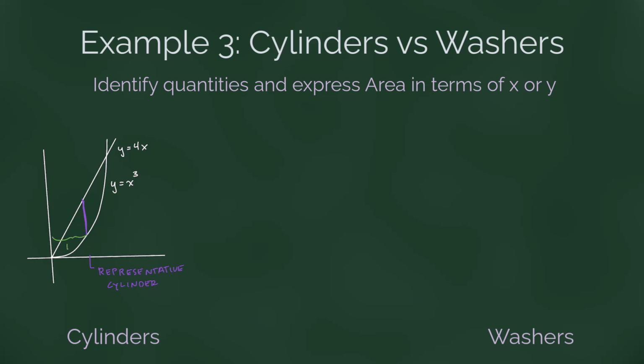We can see then that the radius of that cylinder is going to be its distance from the y-axis, and the height is going to be the difference between the two functions that our region is bounded by. In other words, our radius here is going to be given by x. Our height is going to be given by 4x minus x cubed.